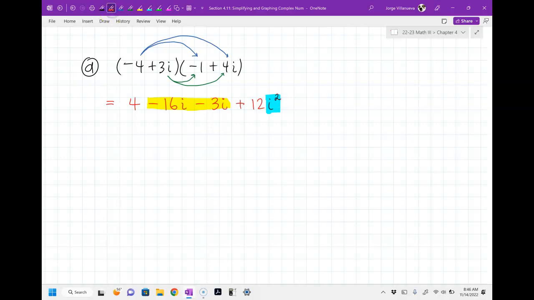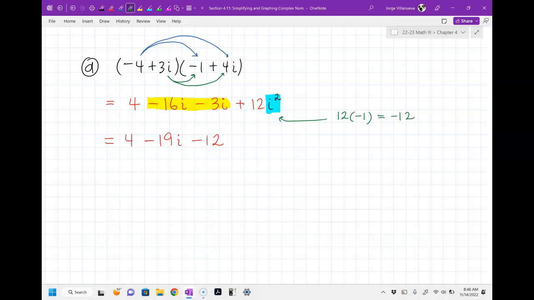So here we go. This is 4. Now let's put the stuff in yellow together. Negative 16 minus 3 is negative 19i minus 12. I'm going to leave just a real quick hint here. That's 12 times negative 1. Okay, that's negative 12.